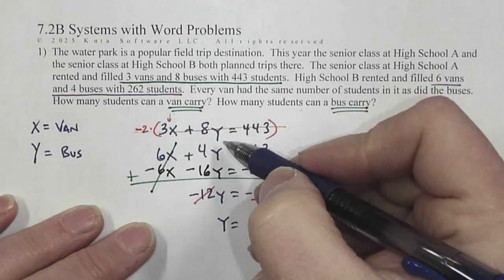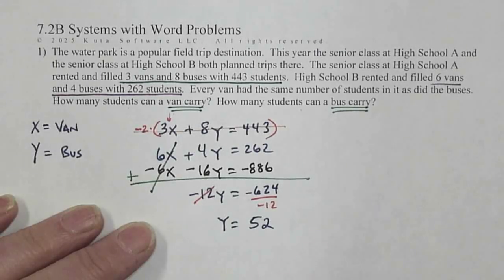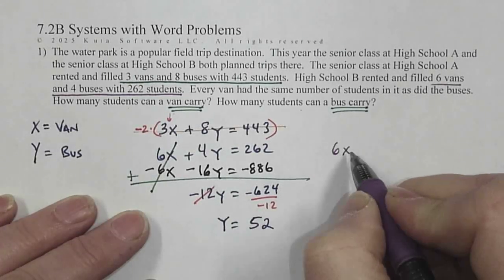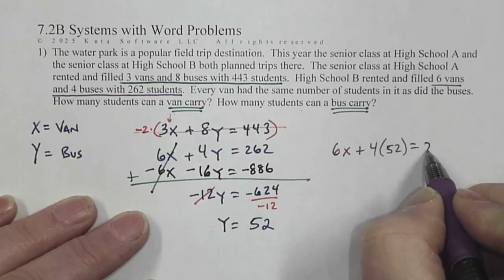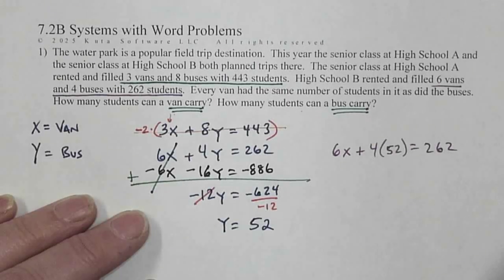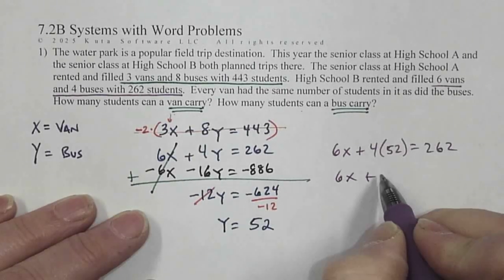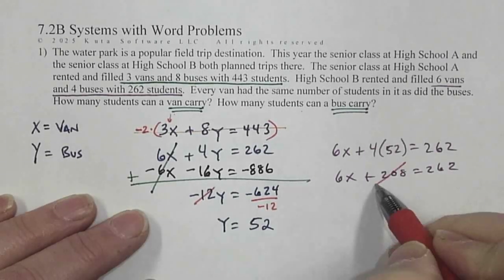Plug that back in. I'm going to go to the bottom one. 6x plus 4 times 52 equals 262. 4 times 52 is 208. And then I'm going to solve the same way.